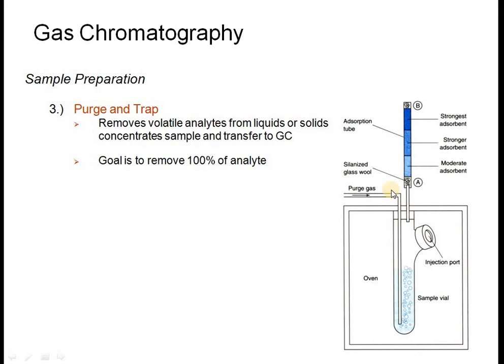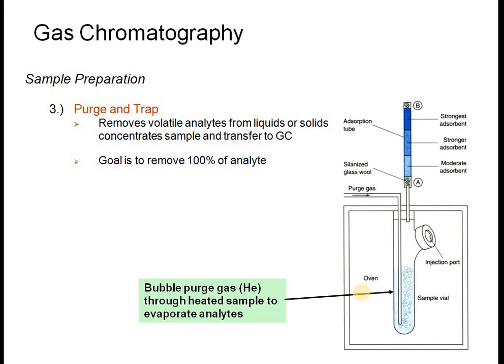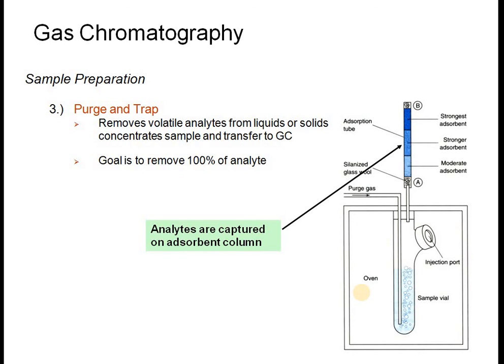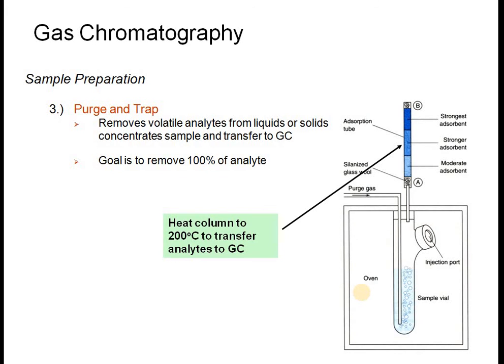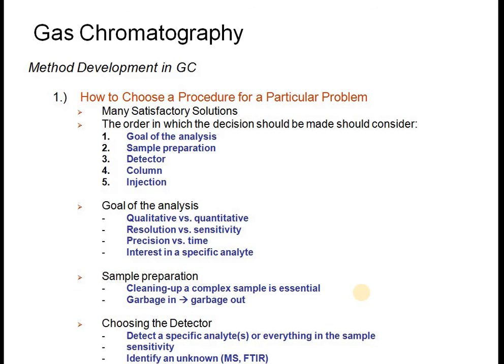This is the purge gas, injection port, sample, and this is the oven. Bubble purge gas helium through the heated sample to evaporate analytes. Analytes are captured on the adsorbent column. Connect the trap to the GC-MS, and heat the column to 200 degrees centigrade to transfer analytes to the GC.